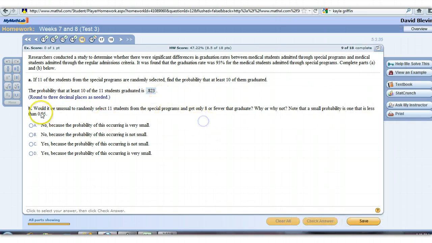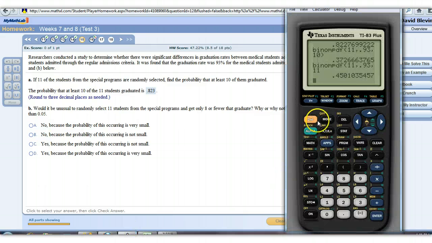Alright, would it be unusual to randomly select 11 students from the special programs and get only 8 or fewer that graduate? 8 or fewer, that's again a CDF problem, but I could add it all up. Remember, this is 0 plus 1 plus 2 plus 3 plus 4 plus 5 plus 6 plus 7 plus 8. 8 or fewer, the things that satisfy that of the possible values are 0 all the way up to 8. So I could do what I just did.